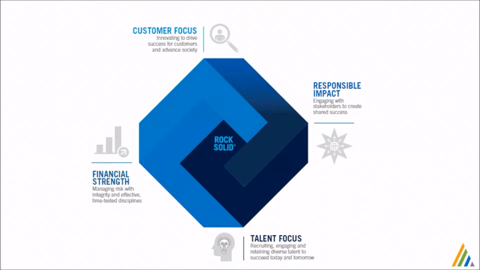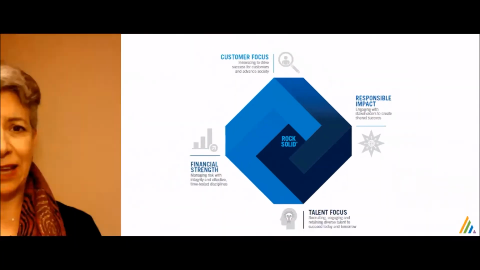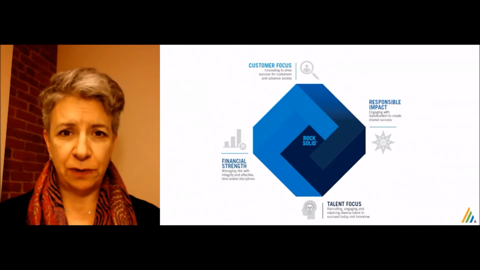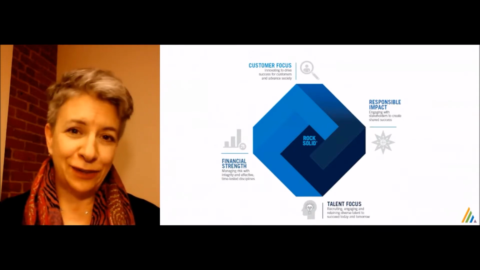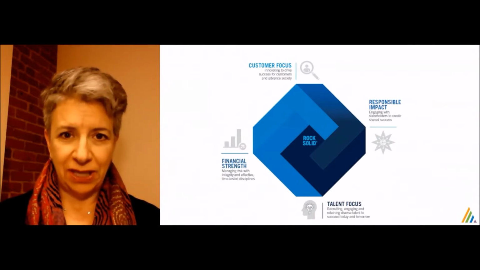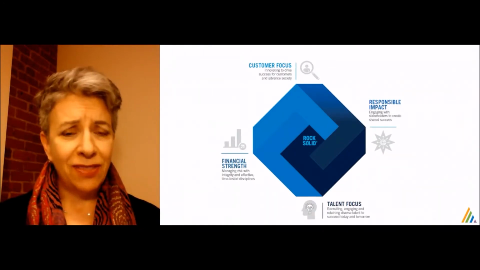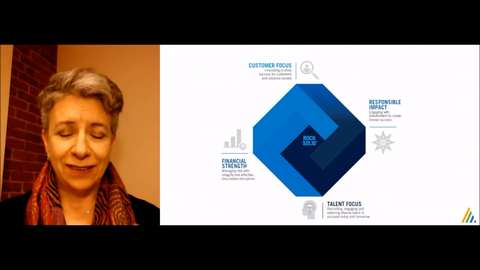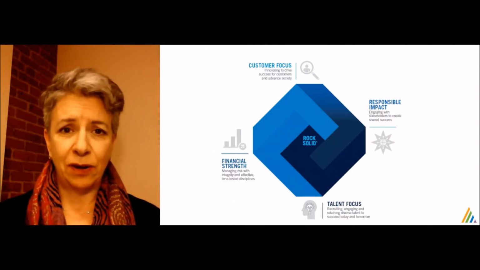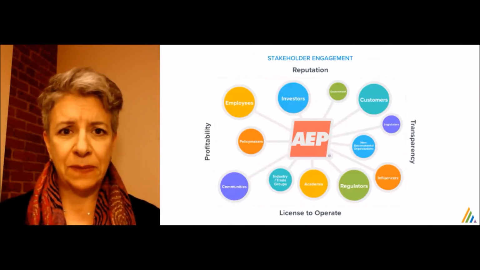And they're basically saying that all 4 of these are part of this key value creation system that they have to ensure that, as they put it, the promises that they make today will be fulfilled 50 years from now. So that's their definition of sustainability. It's a holistic, systemic definition. And they use this graphic as a way of expressing that, and then as a way of organizing their report.